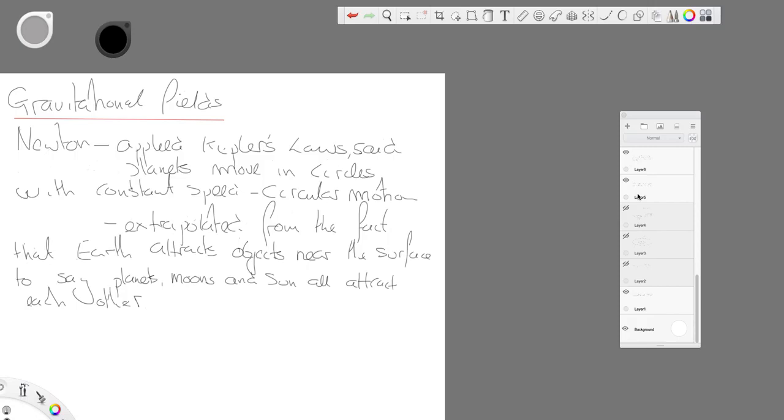That's quite a step, if you think about it. In the classic picture, you have Newton sitting under an apple tree, the apple falls, and he goes, whoa, gravity. Well, that's one thing, but to say, and therefore, because the apple is attracted to the ground, the Earth is attracted to the Sun, that's quite a step, but that's what he did.